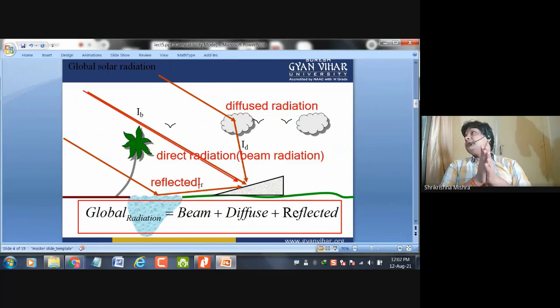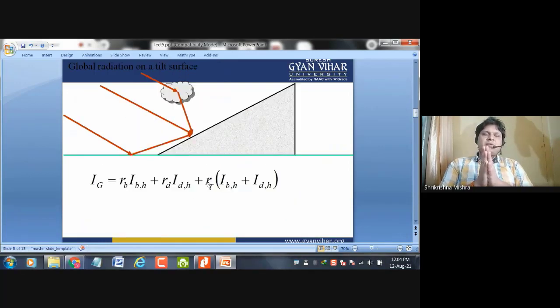And if I talk about a specific surface, we can also include the reflected radiation. So this is the global radiation, student. Now, how will we calculate this value of global radiation?